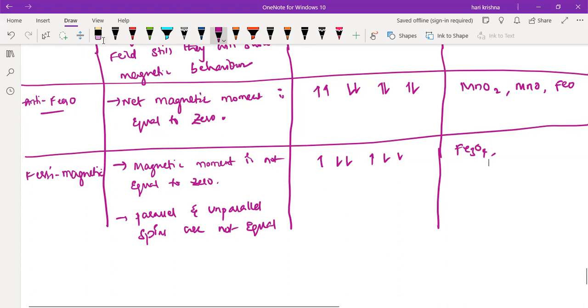Just wait a minute. Okay. So the ferrimagnet is Fe3O4. So these are the different magnetic behaviors.